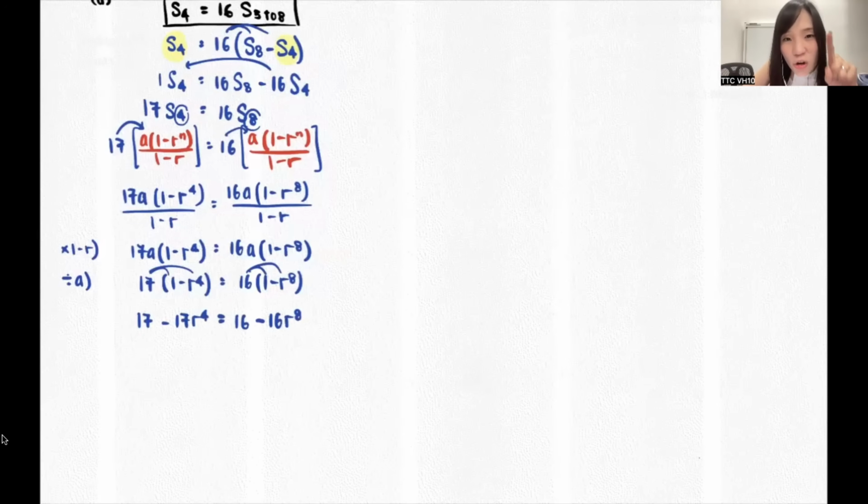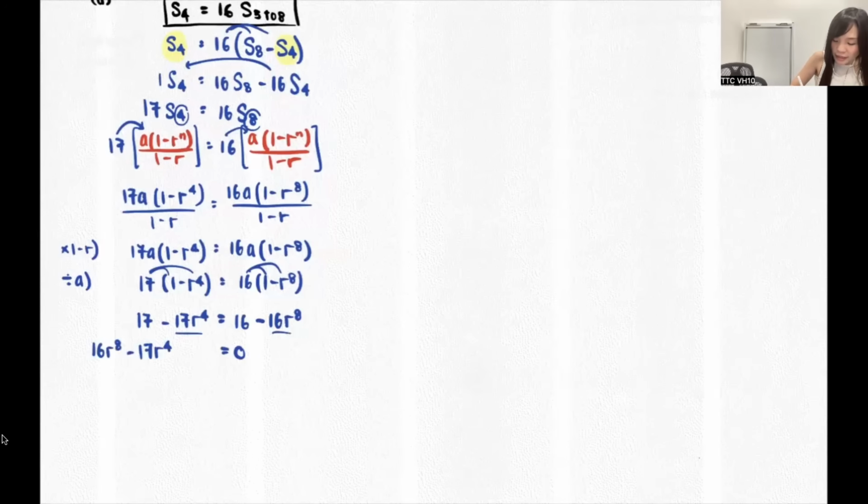This looks like a logarithm question that I used to do before, using let y. Now I show you first, you will understand it later. So guys, I will move every single thing to the positive side. I will make the biggest term positive, and the biggest is this R power 8. So on the right side it is negative, I move it to the left side, positive R power 8. And then this one, minus 17 R power 4. And then 17 minus 16, isn't it left with a 1 behind?